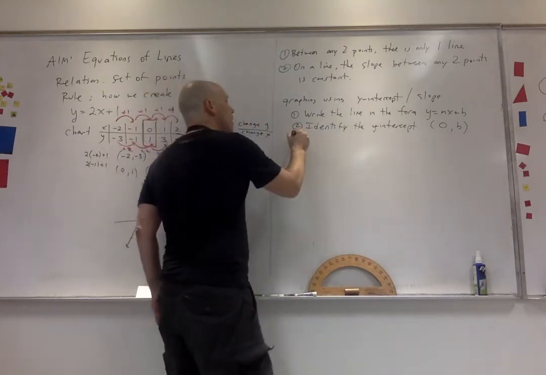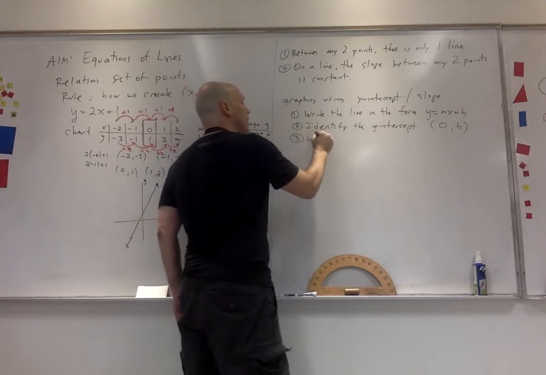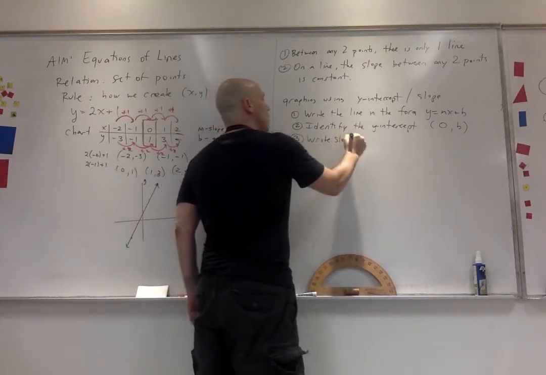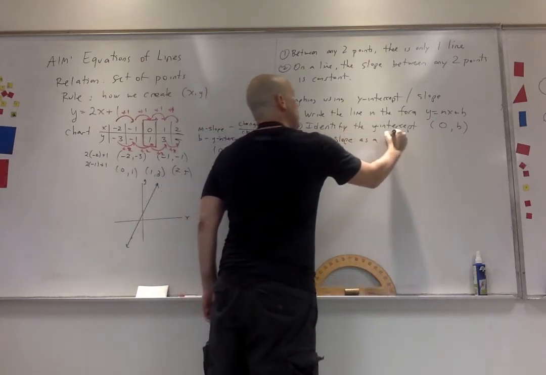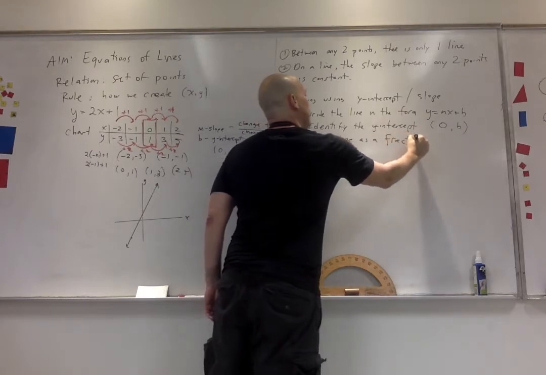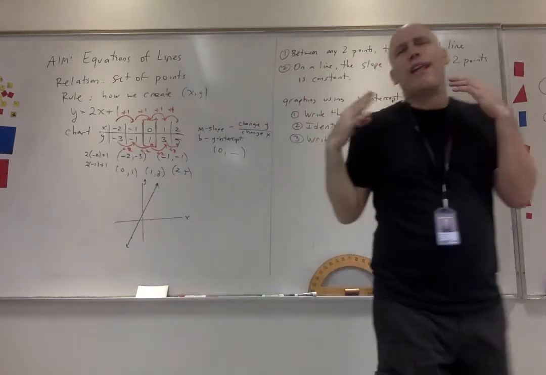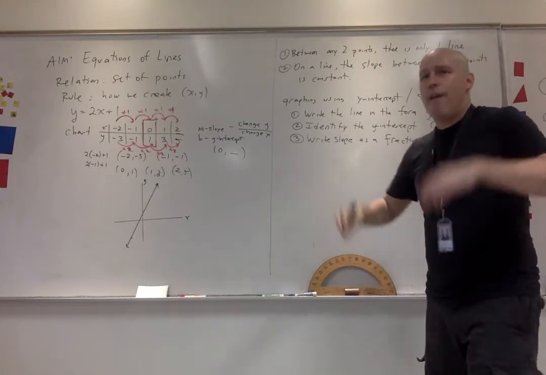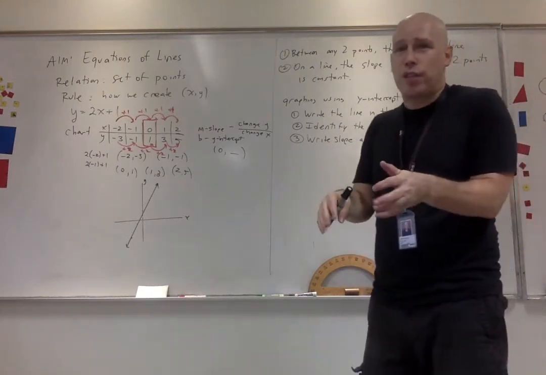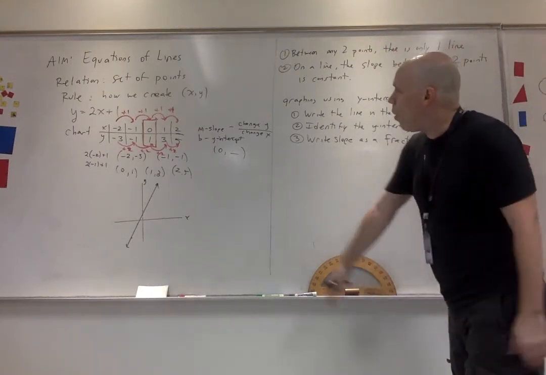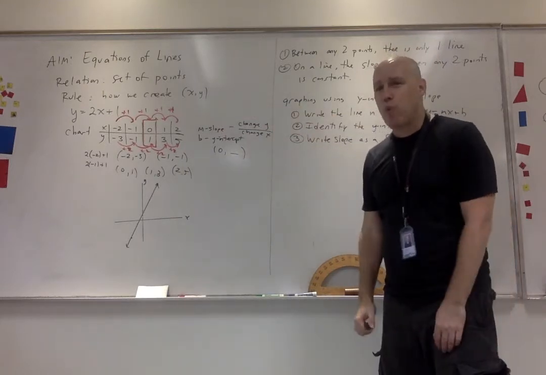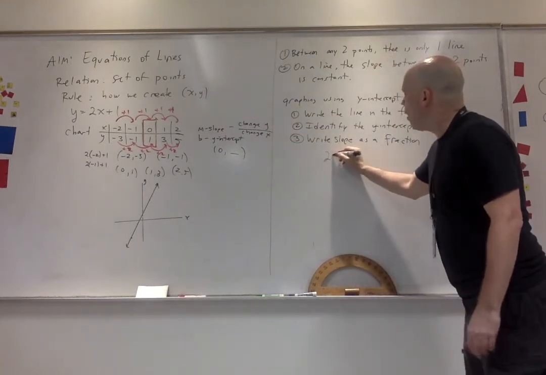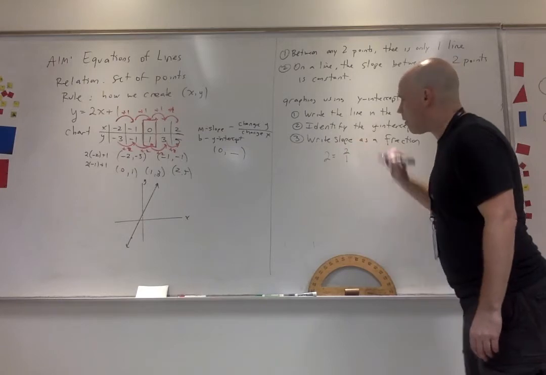And then the third thing you had to do was write the slope as a fraction. Now that's all that stuff from 7th to 8th grade about fractions and decimals, because we know from over there it was 2x plus 1, we needed to write 2 as 2 over 1.